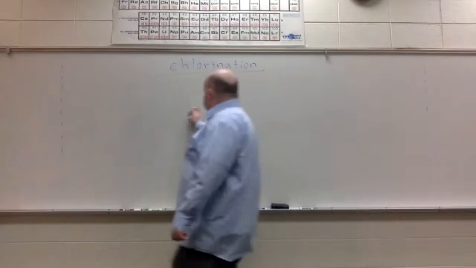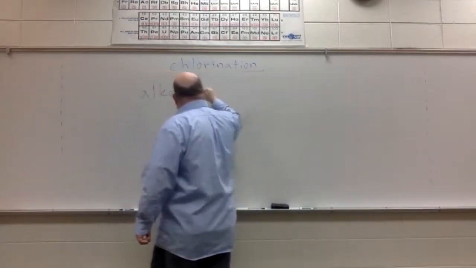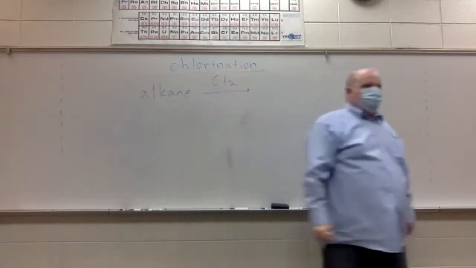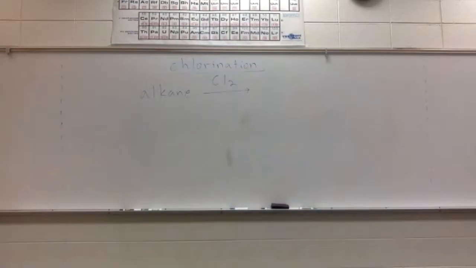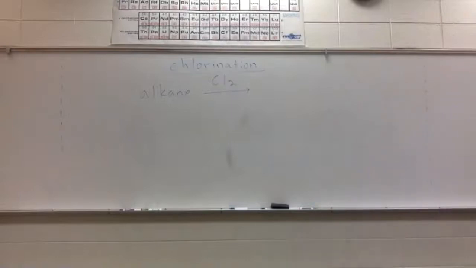Basically you take your alkane, you have Cl2, and you have to add some sort of energy source. We did this in lab the other day. You need some energy source in order to promote the even splitting of that Cl bond into radicals.